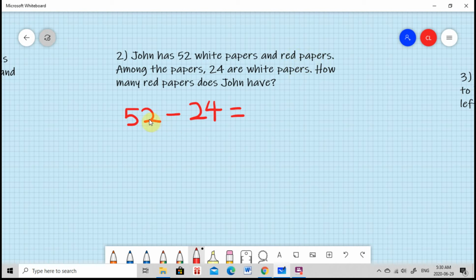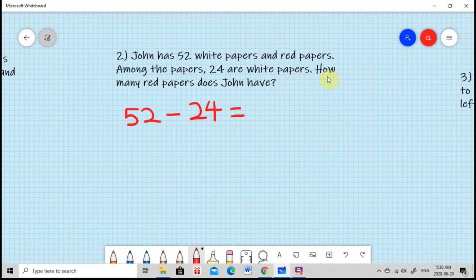For you to do that, you just take the total, which is 52, and you take away the white papers. Whenever you take the total and you take away the white papers, all you are left with is the red papers, right?